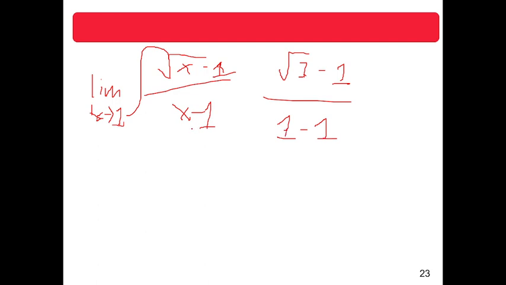And what is square root of 1? That is simply 1 minus 1 over 1 minus 1. And what is 1 minus 1? That is 0 over 0, and that is undefined. You can just simply put undefined there.